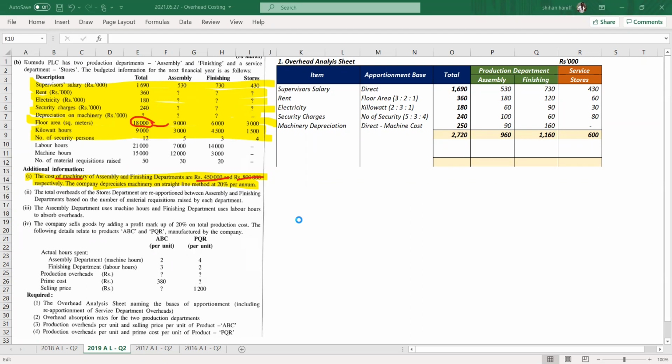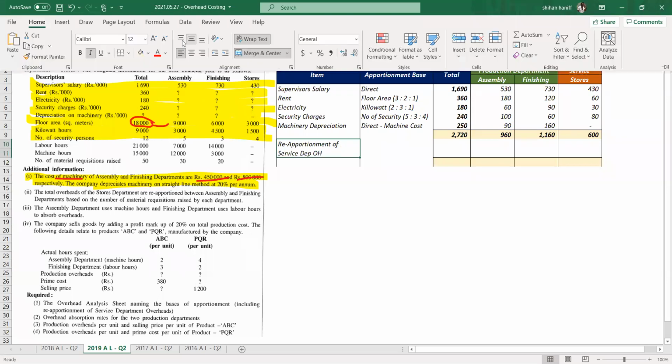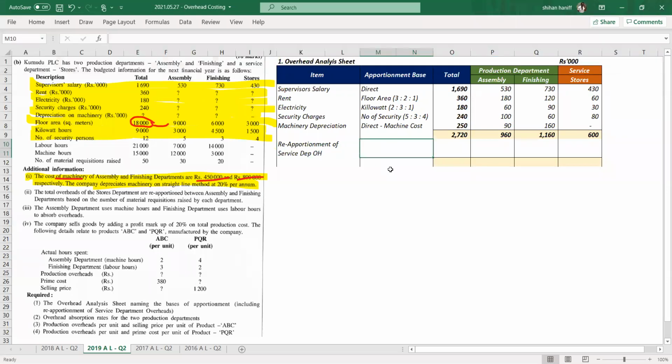Reapportionment of service department overhead.